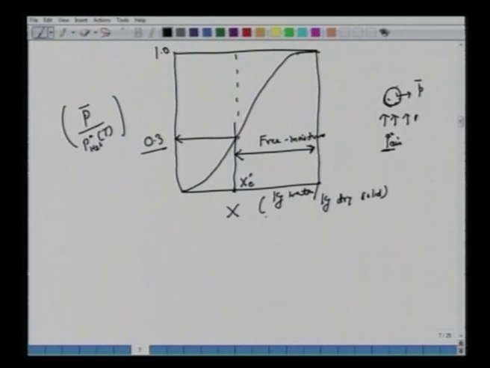Now notice here that if I reduce the quality of this air from 0.3 to 0.1, I can further dry this. I can come down to this level of 0.2. That means the free moisture which has been removed, or is free to be removed, has increased. All it means is the equilibrium moisture content has changed from say Xe1 to Xe2.